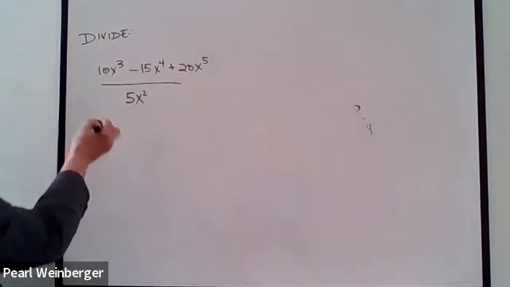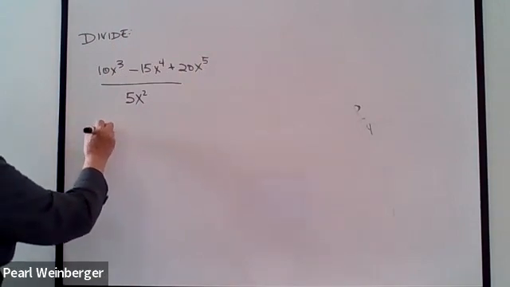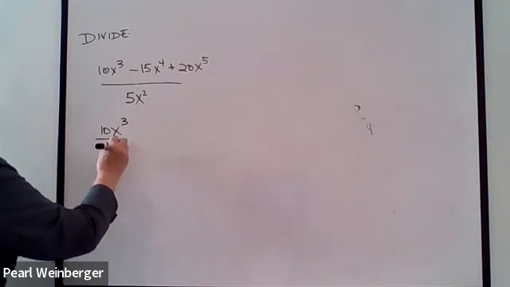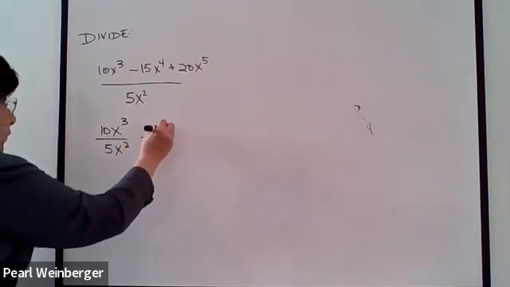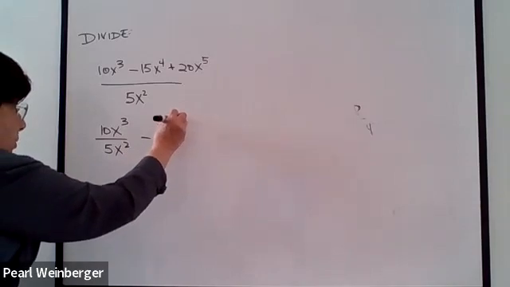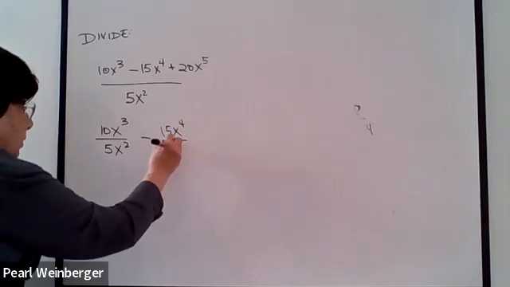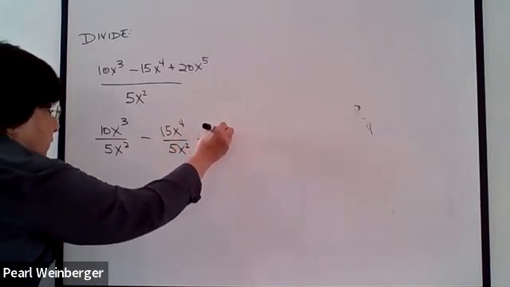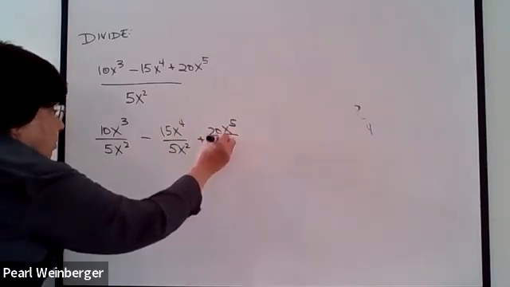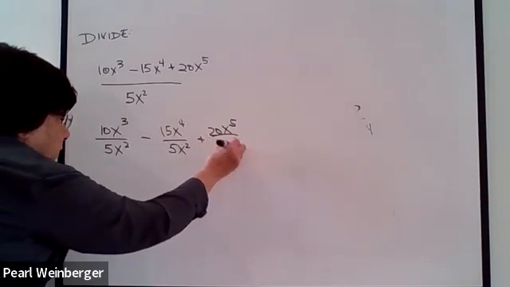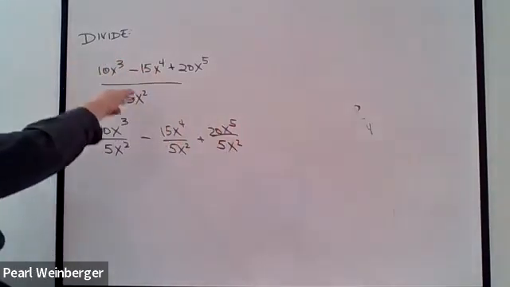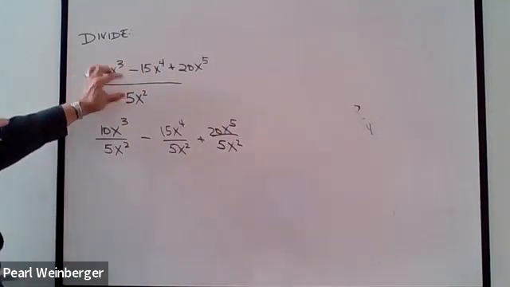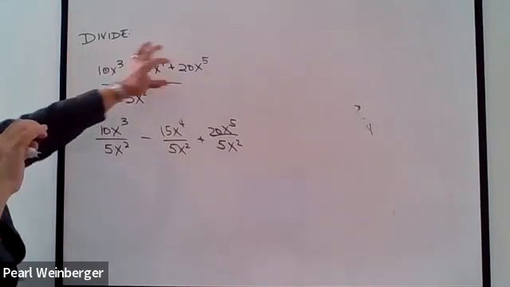In other words, we rewrite this as 10x to the third over 5x squared minus 15x to the fourth over 5x squared plus 20x to the fifth over 5x squared.